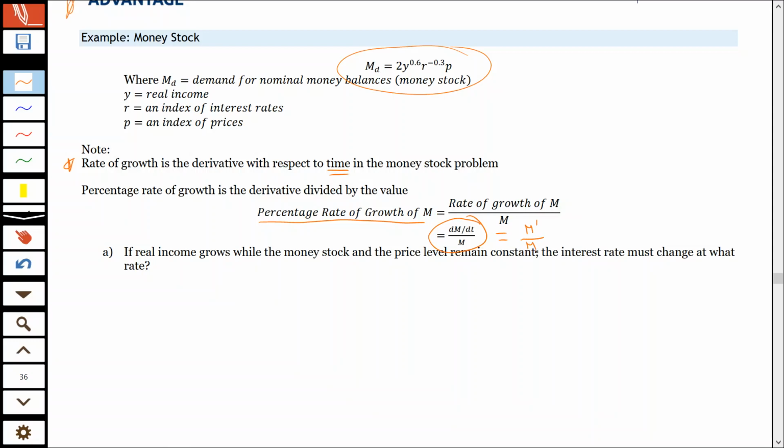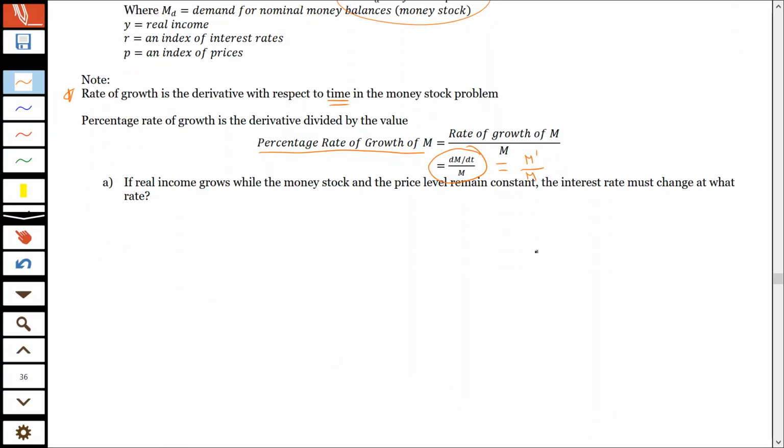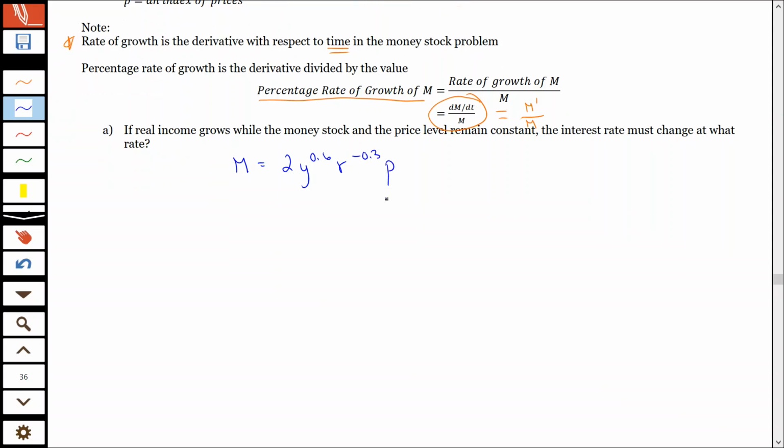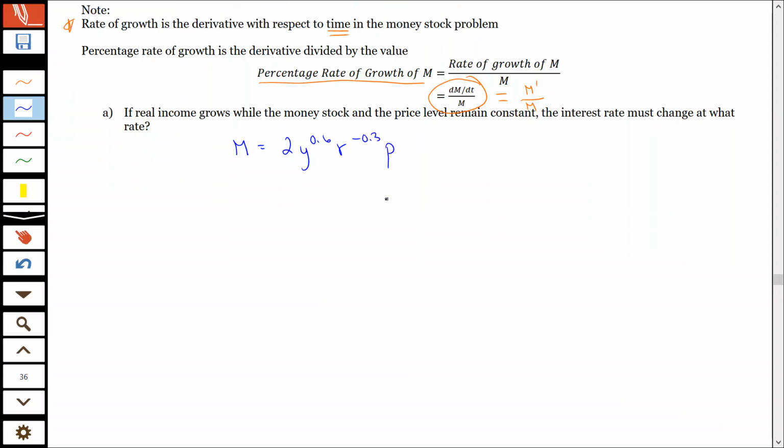No matter what question we get asked about the money stock, we're always going to want to do it the same way. We're going to start with whatever our equation is. So the equation from above, M is equal to 2 Y to the 0.6, R to the negative 0.3, P. And we want to take the ln of both sides and simplify this down.